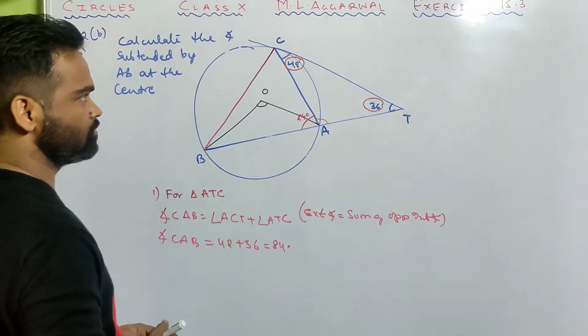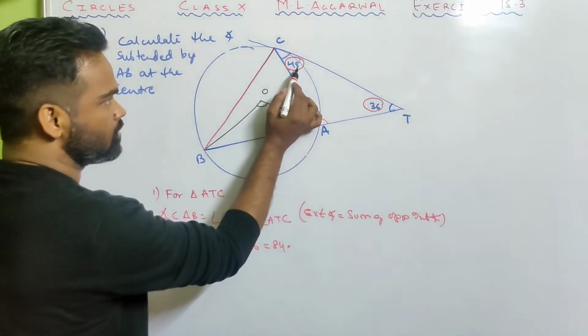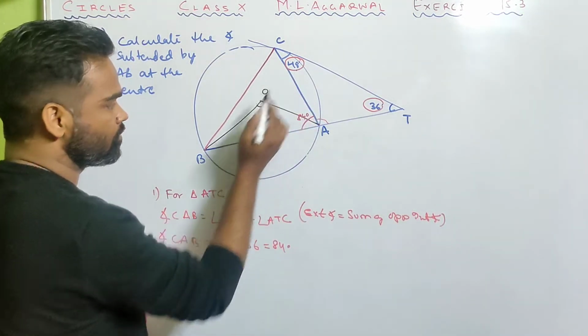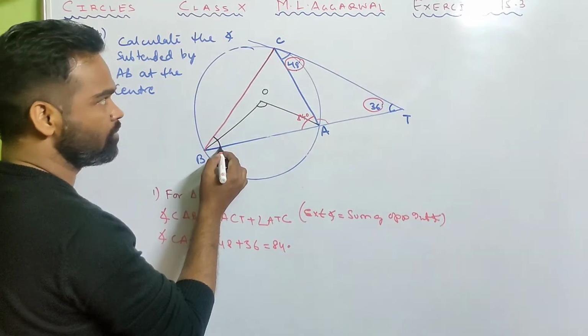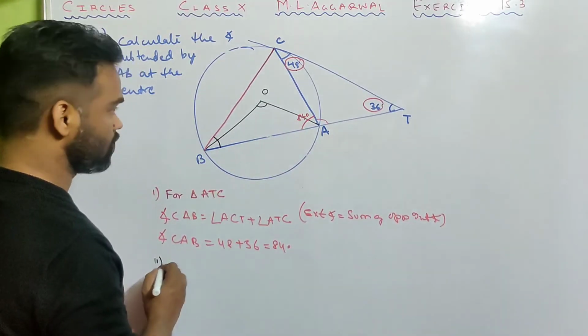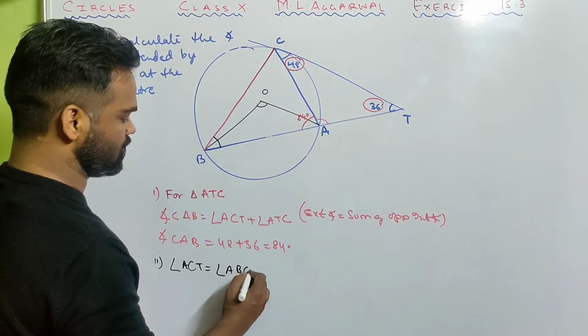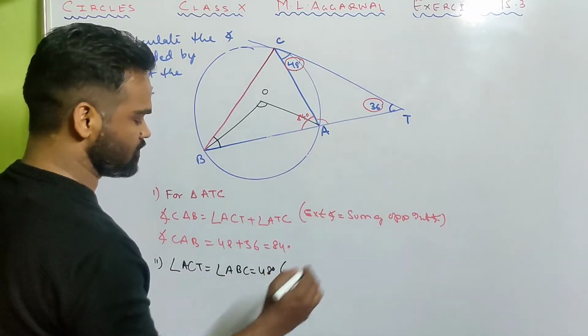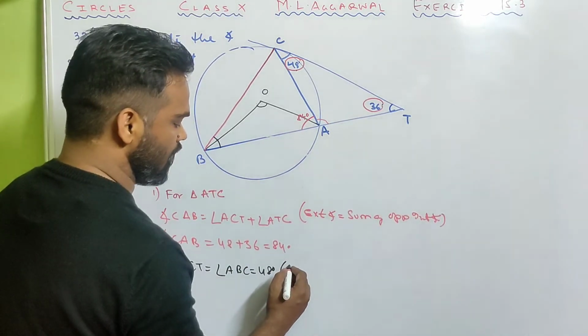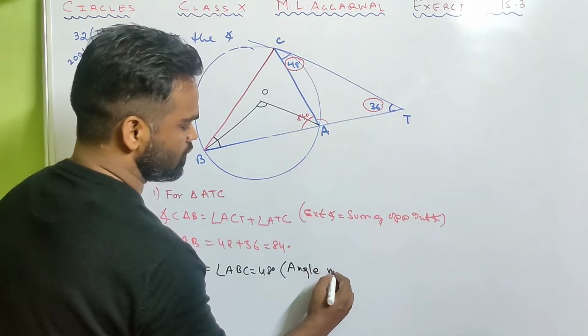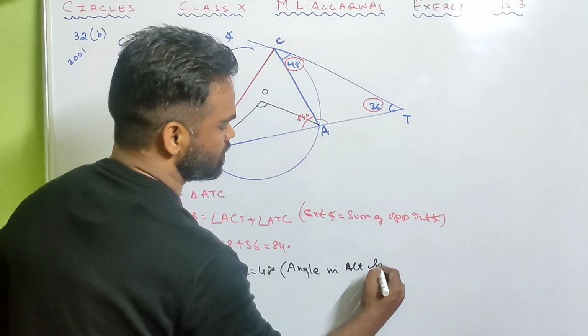Now look carefully. This angle and this angle will be equal. Angle ACT will be equal to angle ABC, which is equal to 48. Why? I'll just explain. Angle in alternate segment.